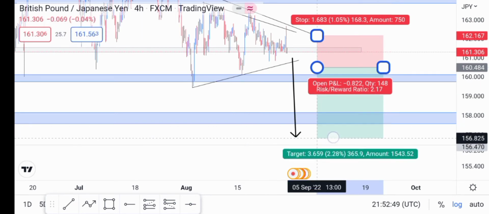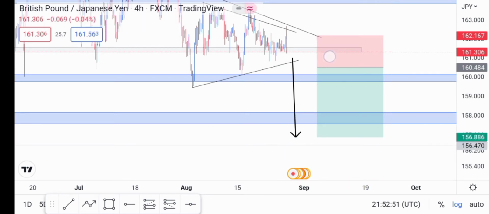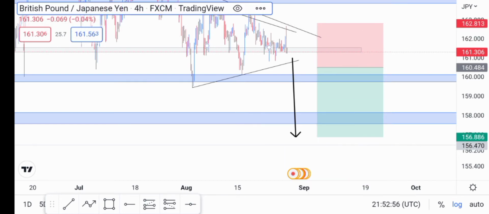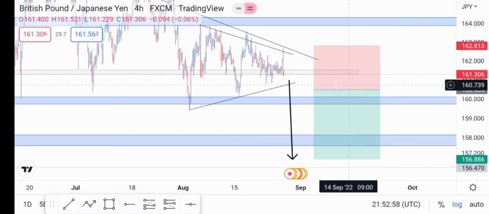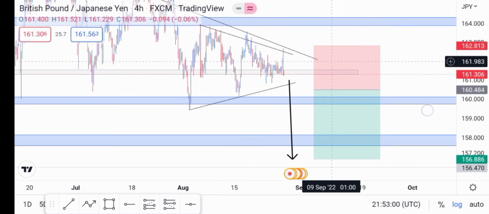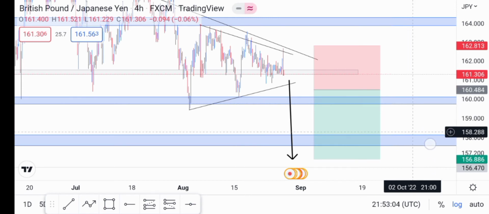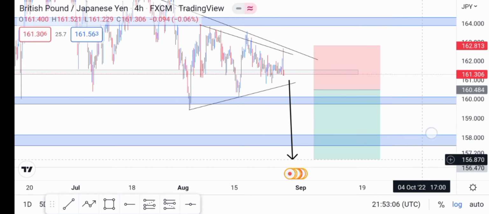This could be our overall target right over here, and our overall stop loss right over here, based on this small triangle right over here. As you know, first take profit around this area here, second take profit, and our overall take profit.